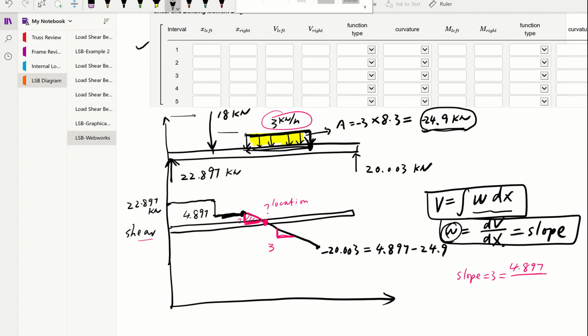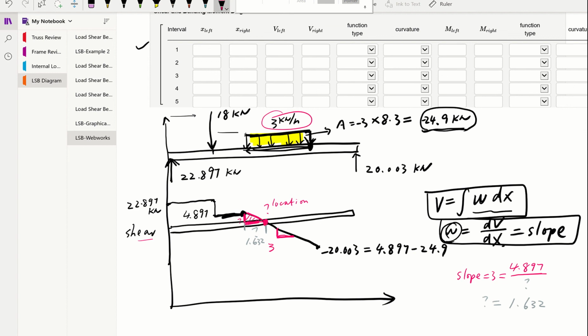It's this length. However, we can solve that. So this one will be equal to 4.897 divided by 3. That will give us about 1.632. So if you know that length is 1.632, did you figure out the location of this point?